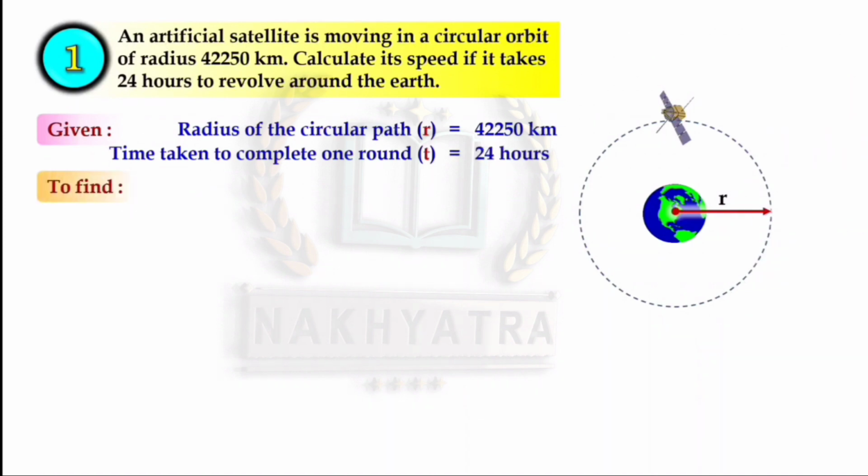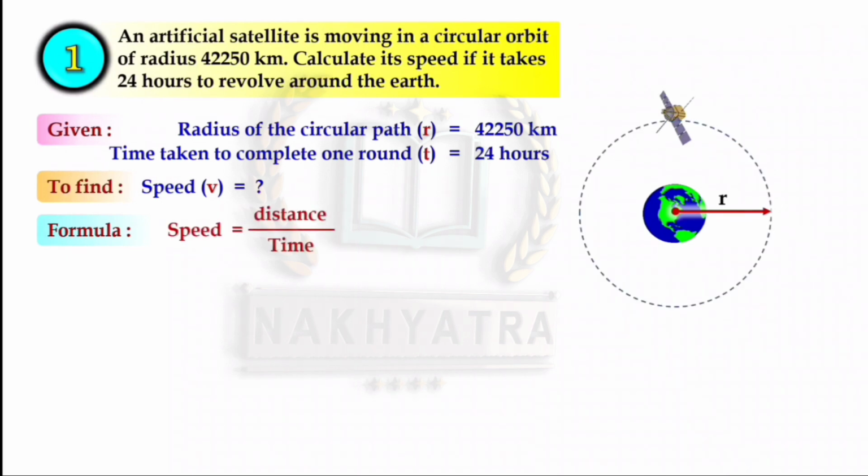So we have to find out the speed. Okay, now what is the formula for finding out the speed? Yes, it's very easy. It is speed equal to distance by time, right? Okay, so here the distance is the circumference of the circle, that is 2 pi r.